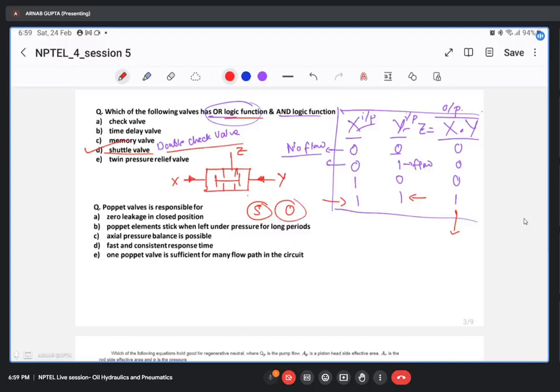In such cases, you can use this twin pressure relief valve that allows you to realize the AND logic function. When there is no flow from any one of the sides, then there will be no flow to the actuator.